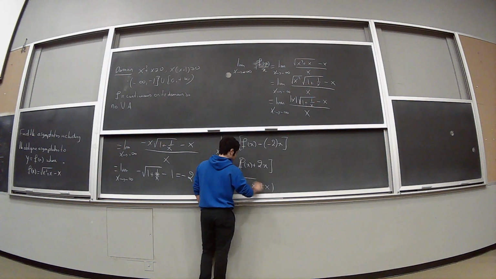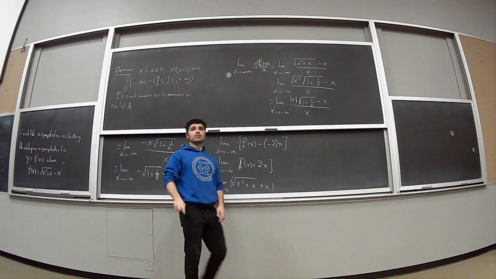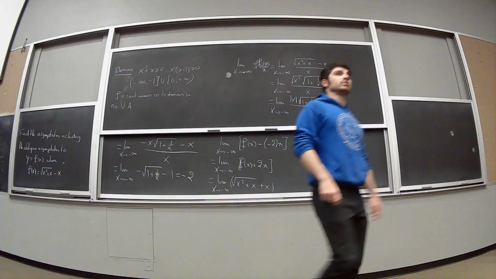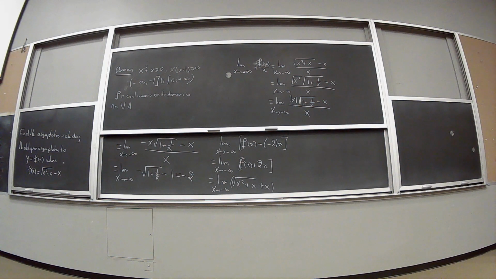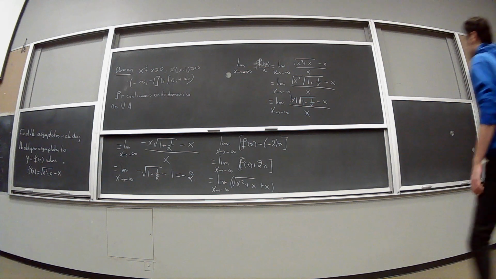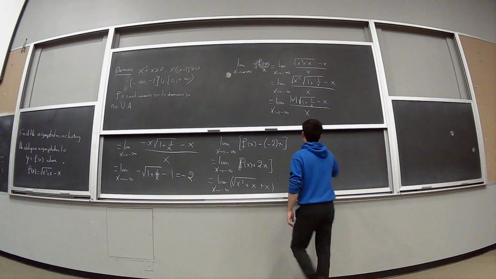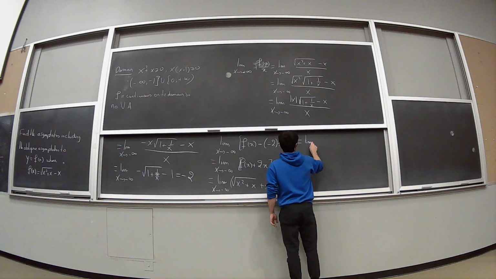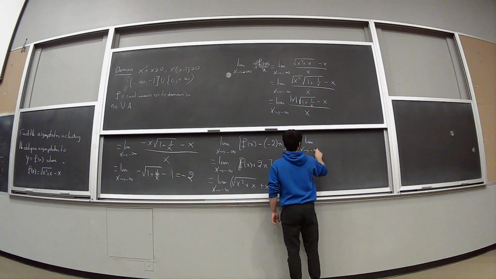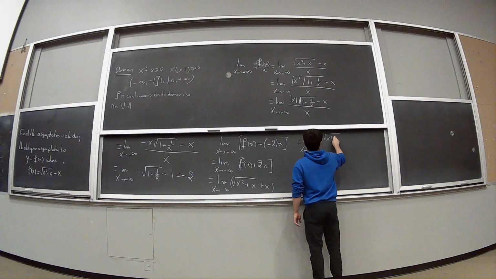So this becomes plus x. And then we know how to evaluate this limit. Try to plug in, you get infinity minus infinity, indeterminate form. So I multiply by the conjugate on top and on the bottom.